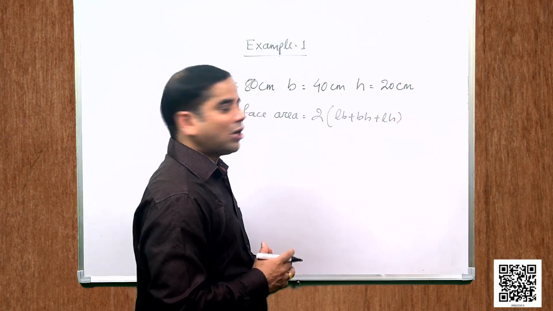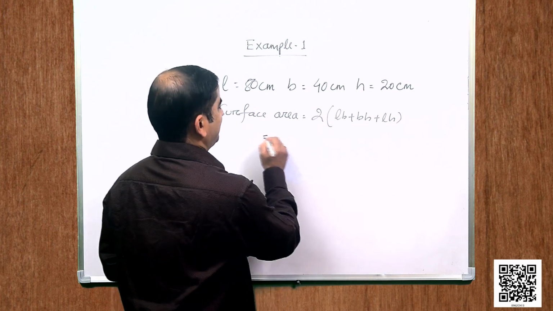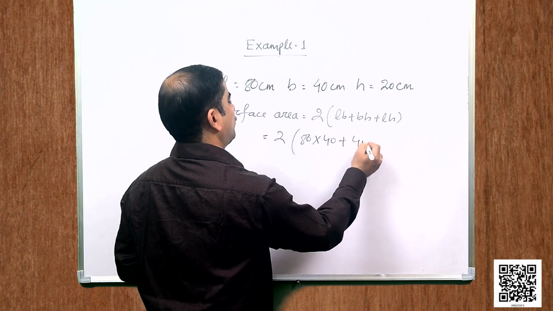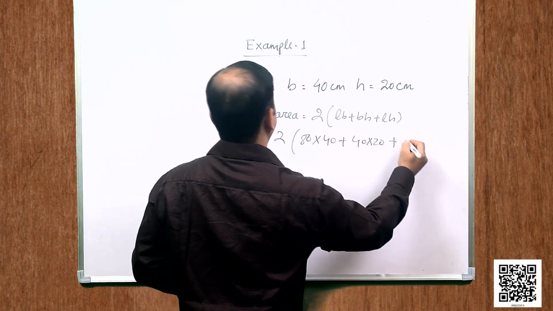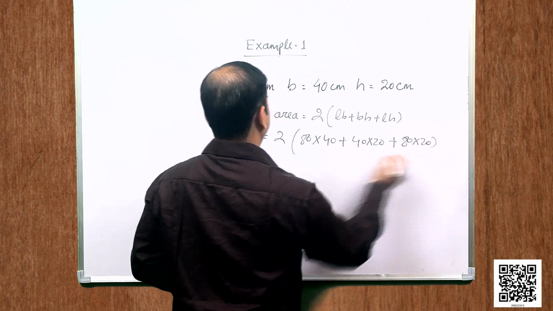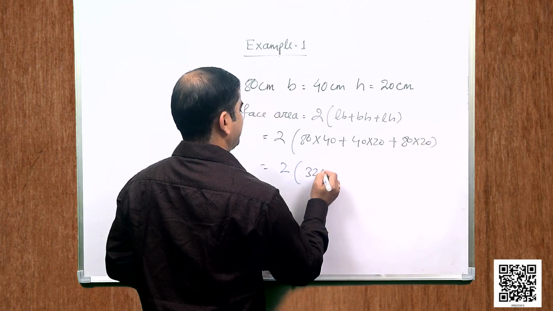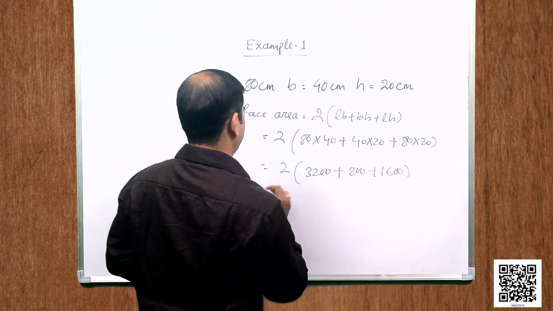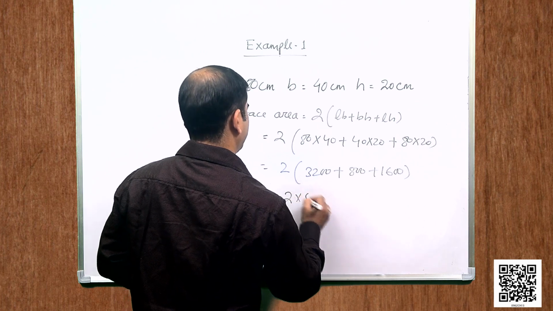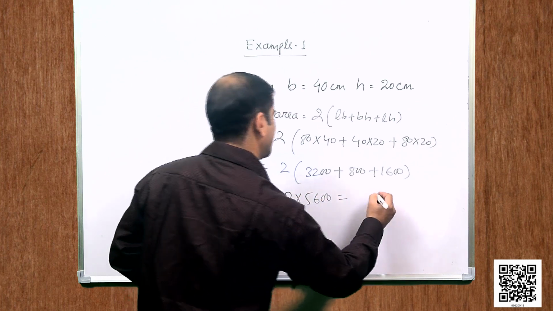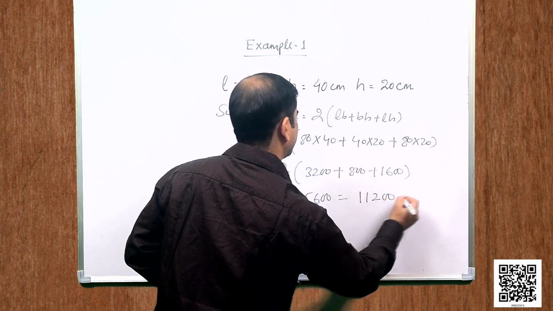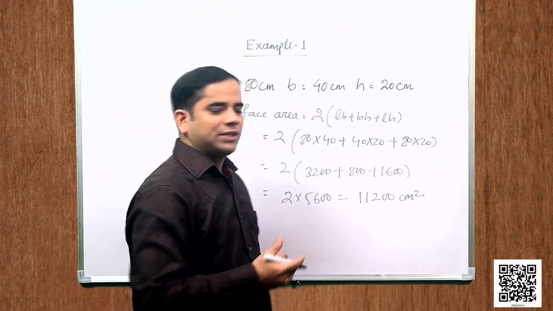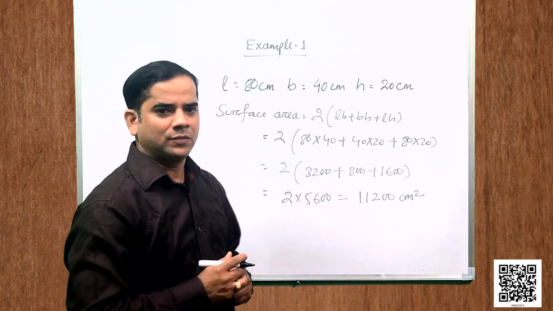By putting in the values of L, B, H, we get 2 into 80 into 40 plus 40 into 20 plus 80 into 20. That gives us surface area of 11,200 centimeter square.